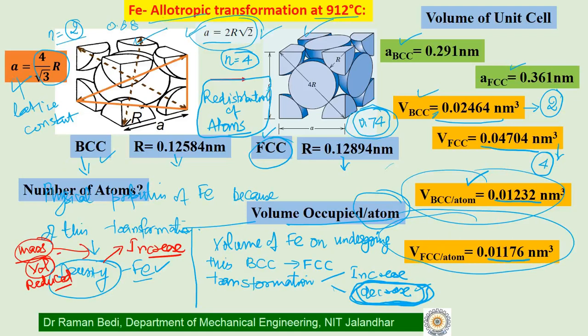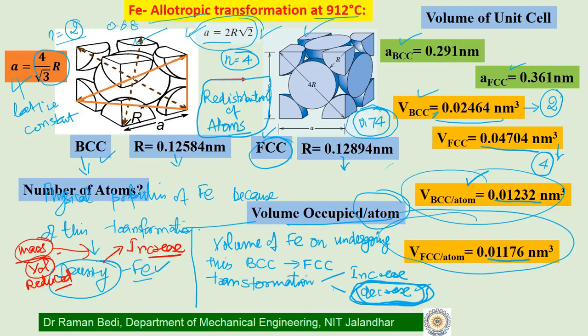This transformation from BCC to FCC is very important from a metallurgical point of view, and many of us as scientists are interested to know when this transformation occurs. As I said, for pure iron this happens at 912 degrees, but as you alloy iron with carbon you form steel. That will come later in our discussion. Other alloying elements also influence this transformation temperature.